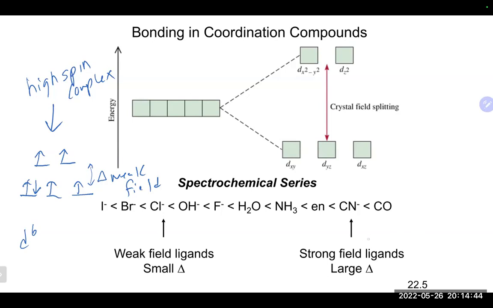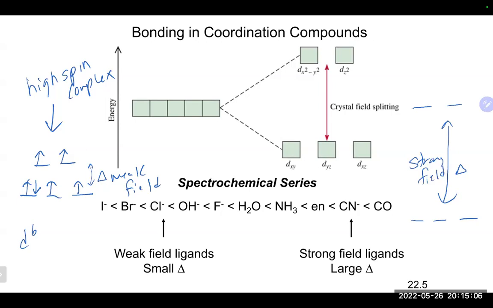That's different than if you hit some ligands which are considered strong field. Strong field means that the separation, for dramatic drawing purposes, will look something like this. It is a very large difference between those two. And let's say we wanted to distribute the same 6 electrons.